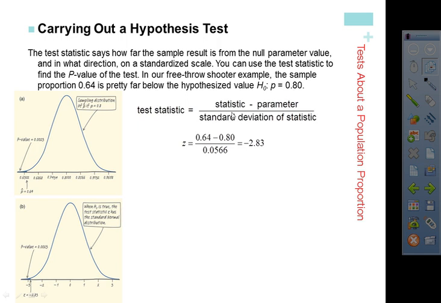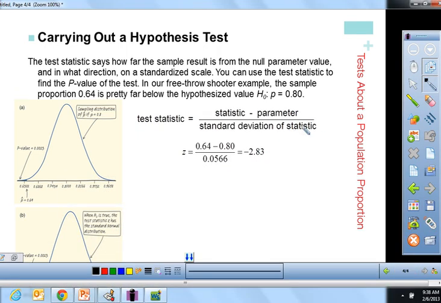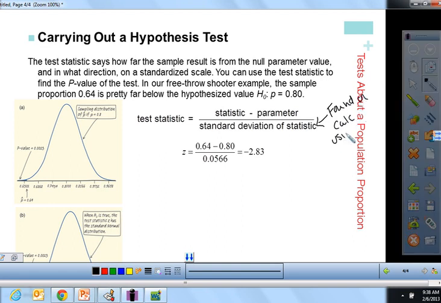You take the statistic, so you take the 0.64, and you subtract from it the null hypothesis, and then you divide by the standard deviation of the statistic. Remember that this standard deviation of the statistic is calculated using values from the null.